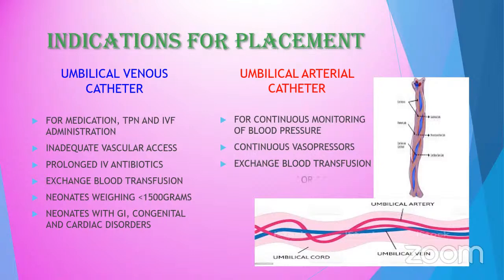Also for exchange blood transfusion, and for frequent or continuous measurement of partial oxygen. Why do we need to measure partial oxygen? We need to measure the partial oxygen to evaluate respiratory distress, then the conditions that can affect the lungs. So we can decide if we need oxygen supplementation or mechanical ventilation.